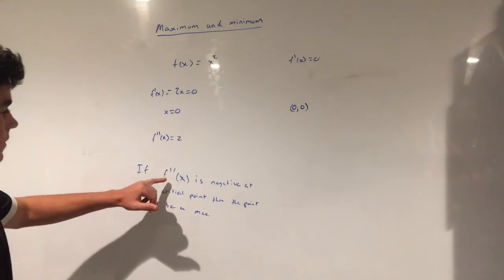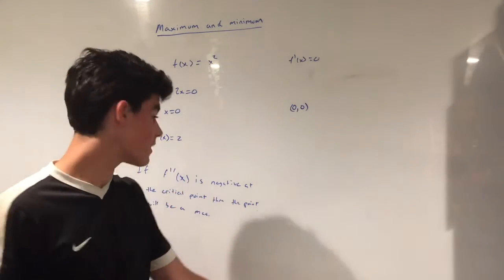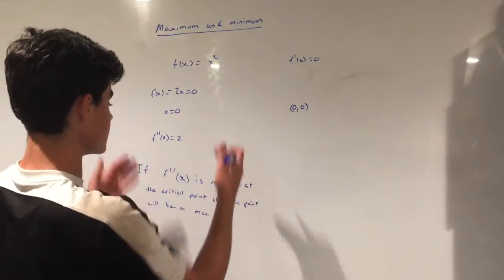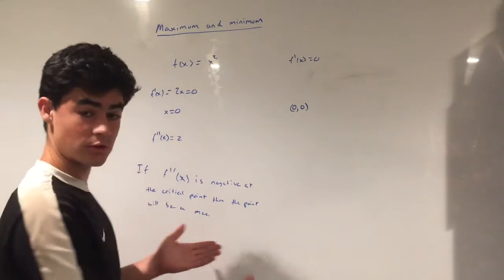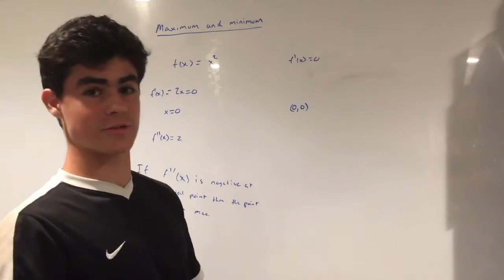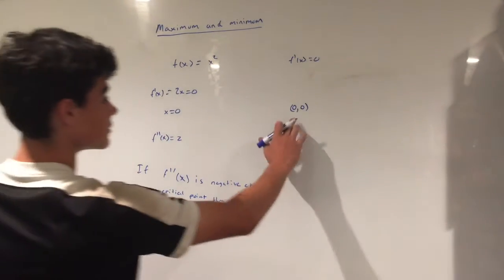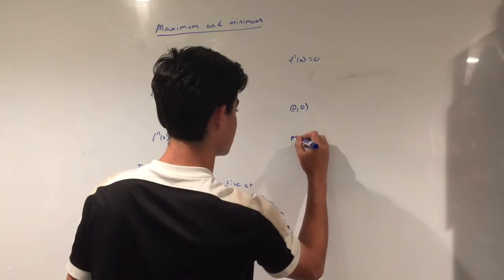And vice versa if f double prime of x is positive. If it's positive, which it is in this case, it will be a relative min, or a min. We don't know if it's relative or absolute yet. And so we could say that the point (0, 0) is a minimum.